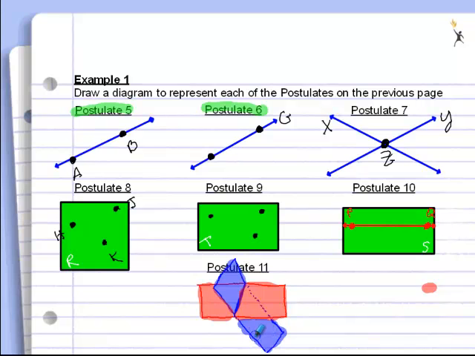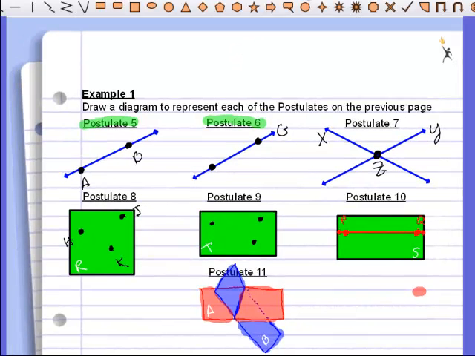So, we see that we have two planes here. Let's label them real quick. We'll label this one A and this one B. We can see that they intersect on a line. Now that line, we want to make sure is very defined.